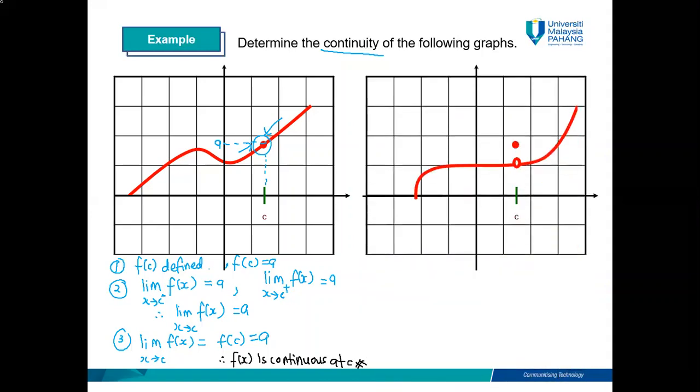Okay, the second example. Okay, kalau you tengok dekat sini. Tengok dekat sini. Let's say FC adalah B sini. Let's say this one is A. Okay.